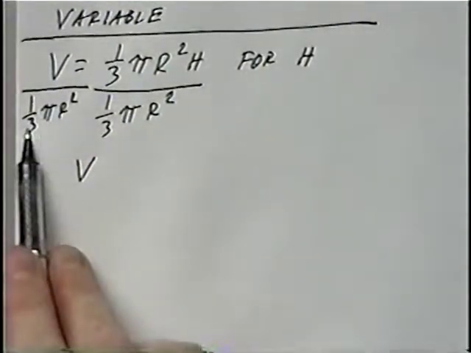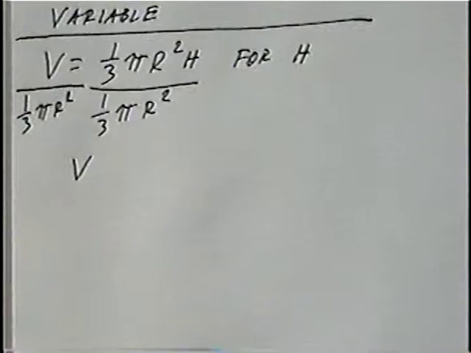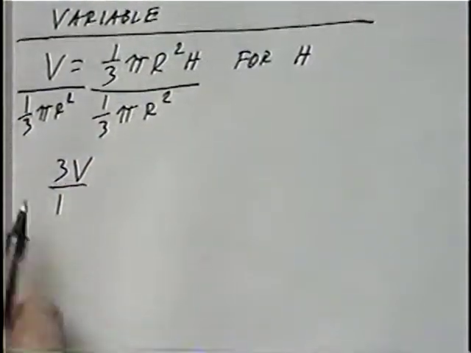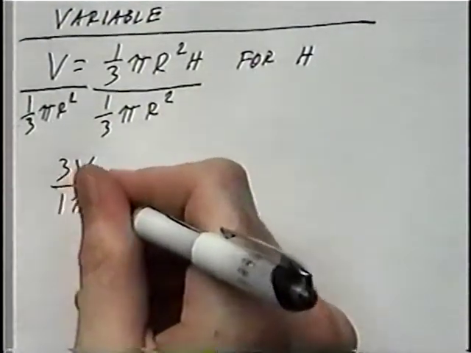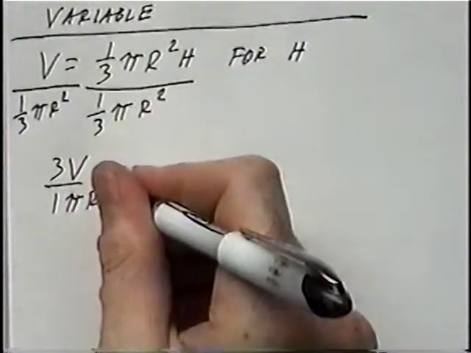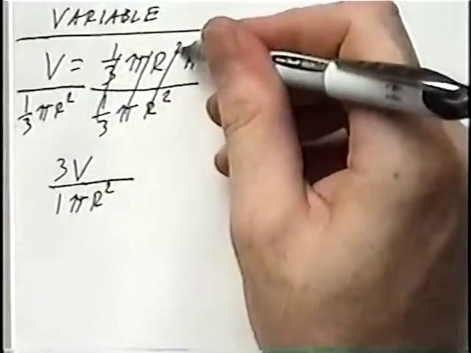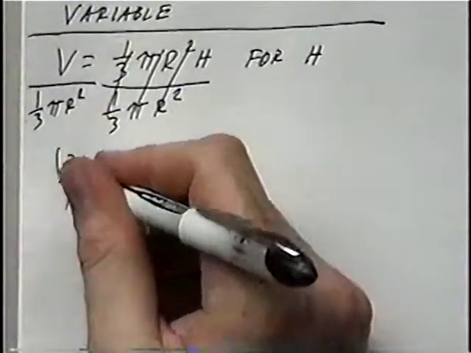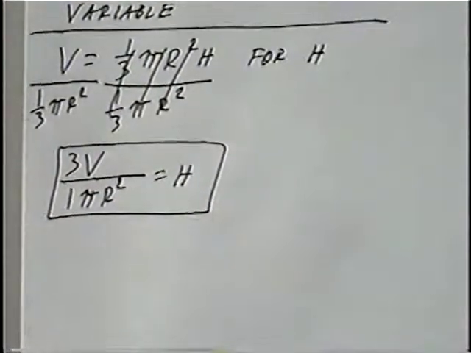When we divide by a fraction, dividing by 1/3, we can flip it upside down and multiply by the reciprocal. So instead of dividing by 1/3, we can multiply by 3/1. The pi would stay in the denominator, and the r squared would stay in the denominator. The 1/3, pi, and r squared cancel, and we're left with just h, which would be our final answer: 3v divided by pi r squared.